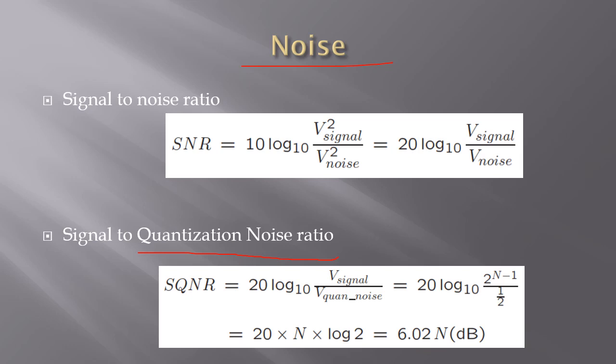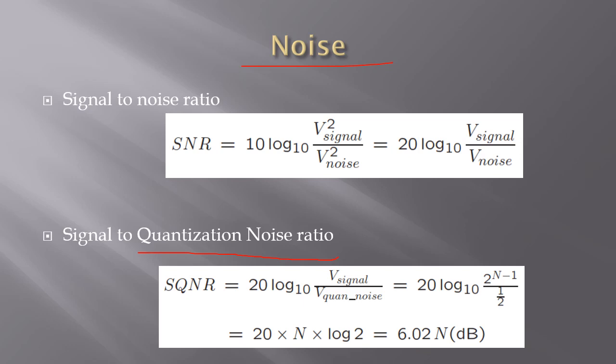So let's say that we sample the signal with one bit only. It means that the result would be either 0 or 1. Any signal higher than a half would be represented as 1. Any signal below a half would be represented as 0. It means that the maximum quantization noise is half of the height of the bit itself. If it is 1 millivolt, the noise will be half of a millivolt.